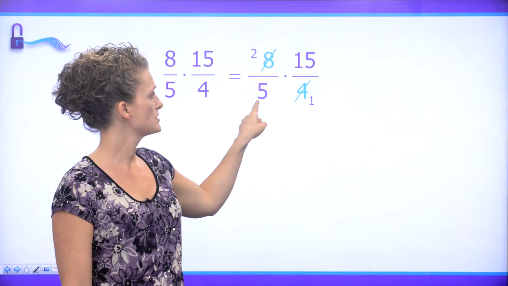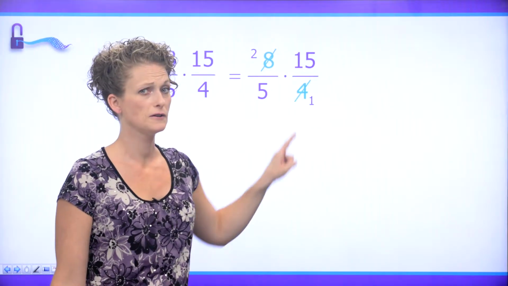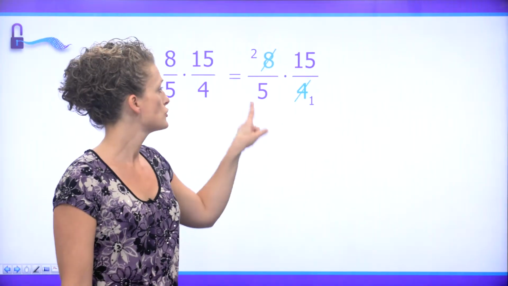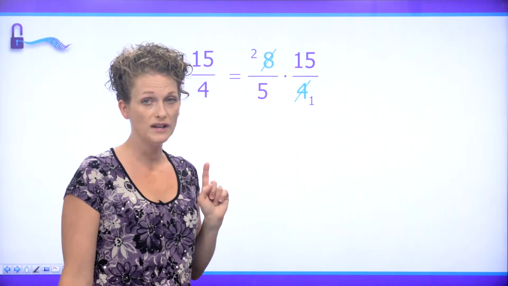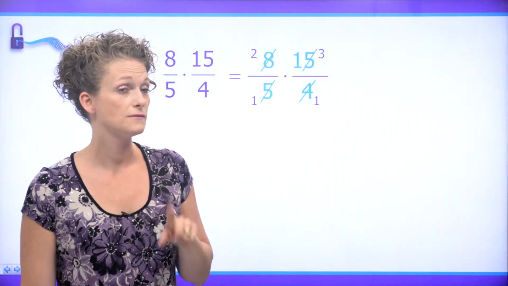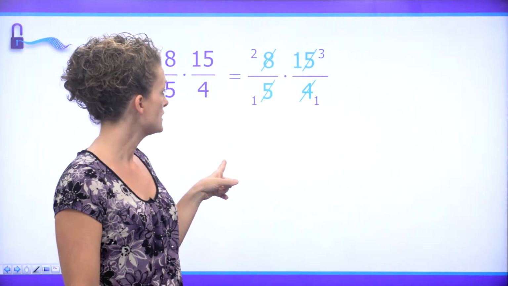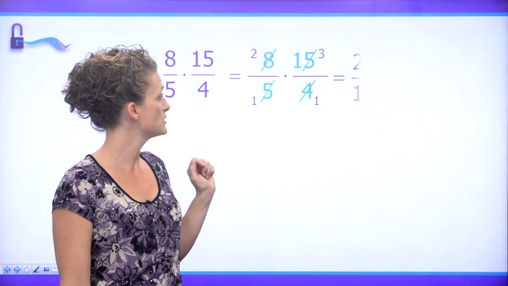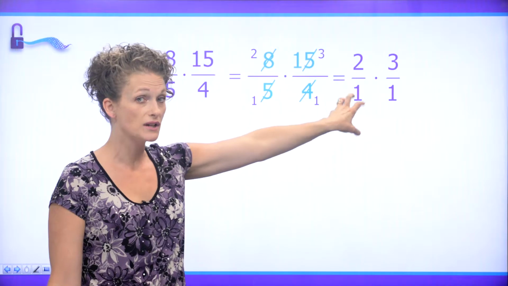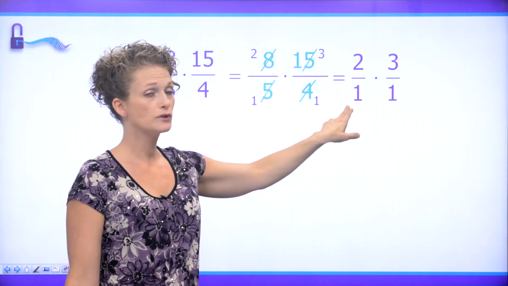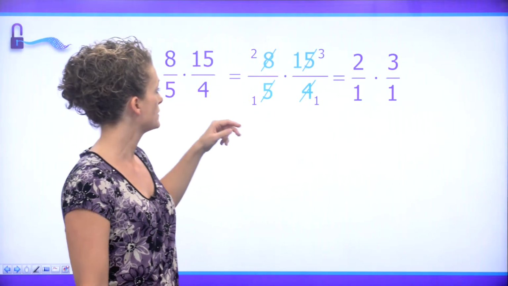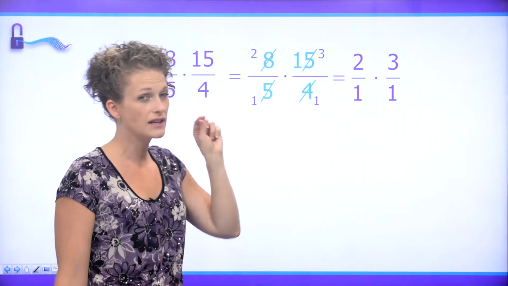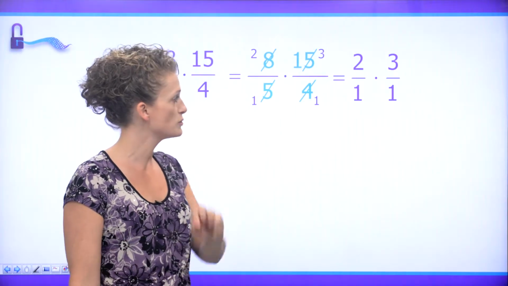Well, you might also notice that 5 and 15 are factors. So 5 will divide into itself one time, and 5 will divide into 15 three times. So now I have much smaller numbers that I have to deal with. So what I'm really going to multiply is 2 over 1 times 3 over 1. And that's why I have these little numbers that I write as a little note to myself.